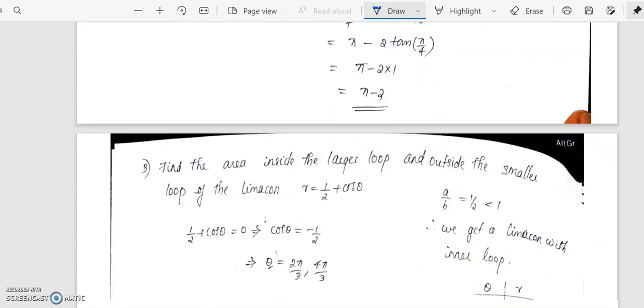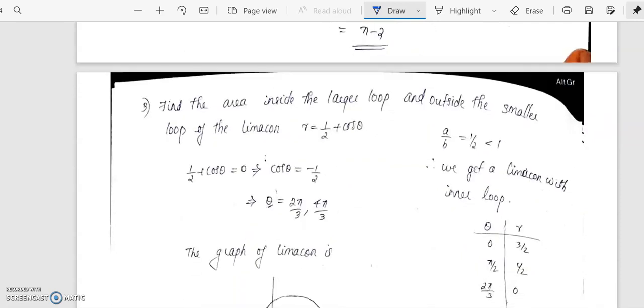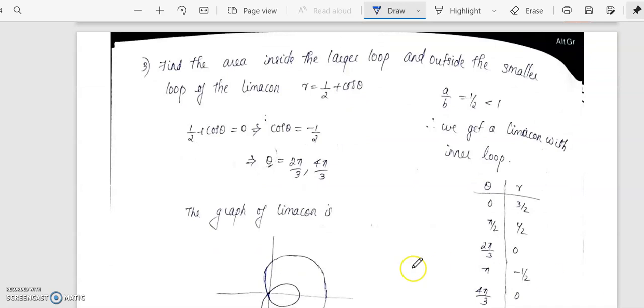Now let us look at the area of a limacon. So the problem is to find the area inside the larger loop and outside the smaller loop of the limacon r equal to 1 by 2 plus cos theta.